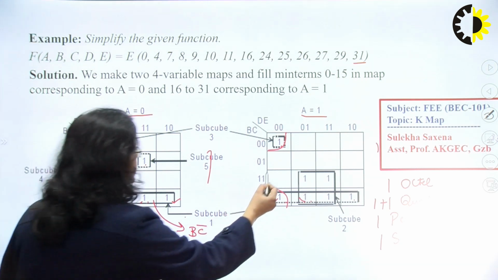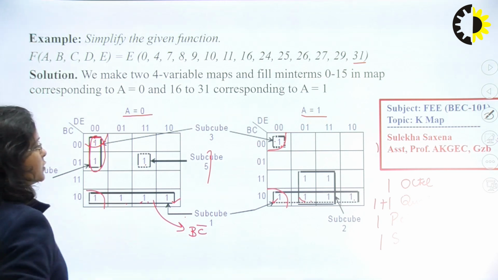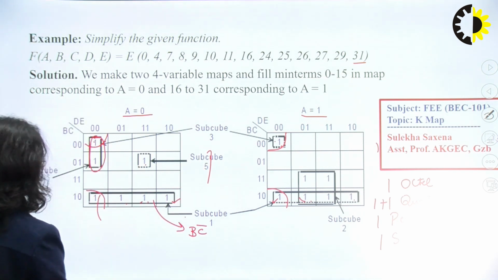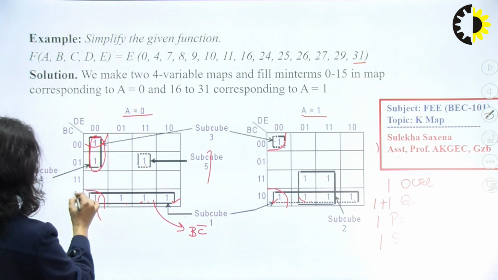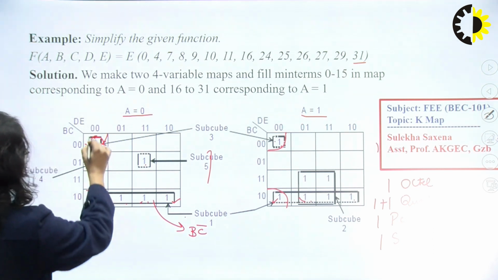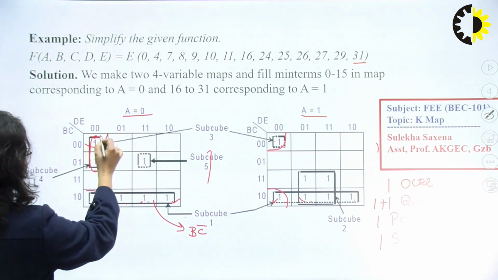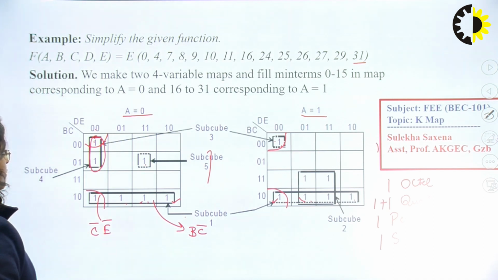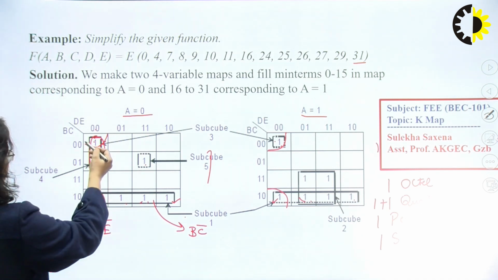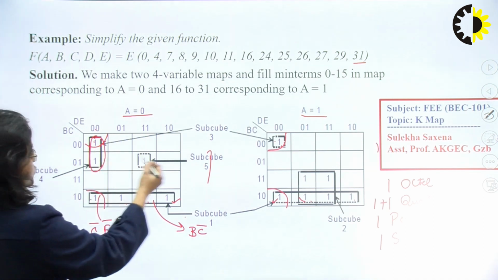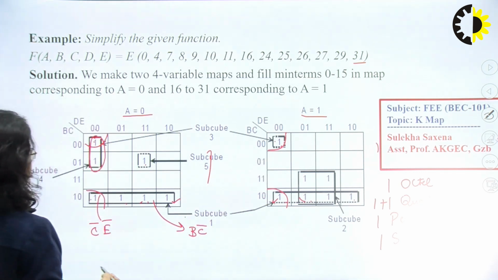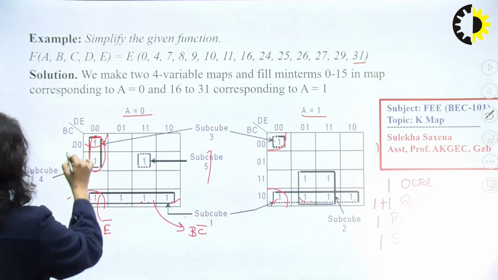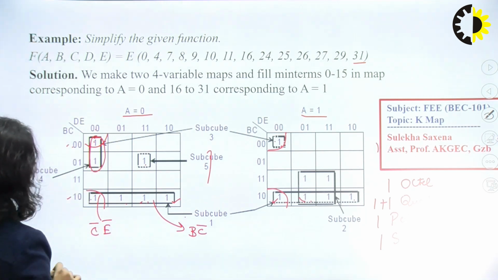Now for this one around the 4 corners, again A bar and A will be cancelled out. For these 4 ones it will be 0 and 1, that is B will be cancelled out, C bar. From the top side 0 and 1 cancelled out, that is E bar. So from the top, these 2 ones and these 2 ones, from this value and this value 0 and 1, that is B cancelled out, C bar.